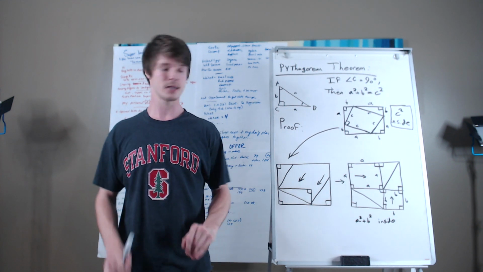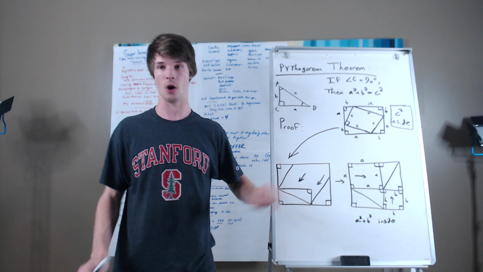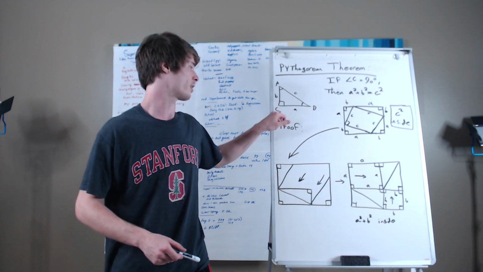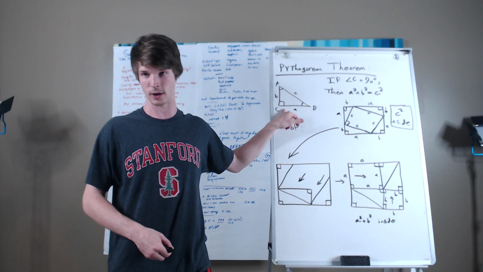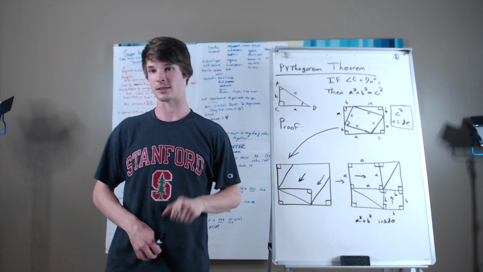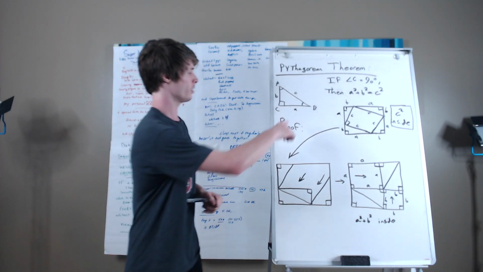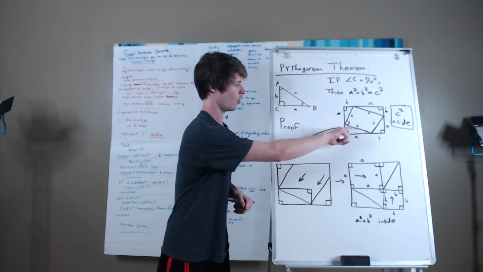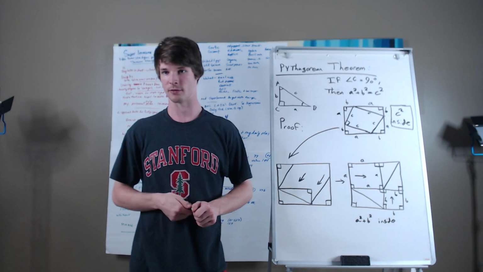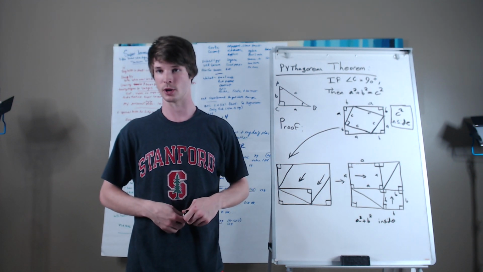And the only thing that I've used so far is the fact that I've got a 90 degree angle, that was what I assumed, and that the sum of the angles in a triangle, or of the angles formed by rays emanating from a straight line, are both 180.